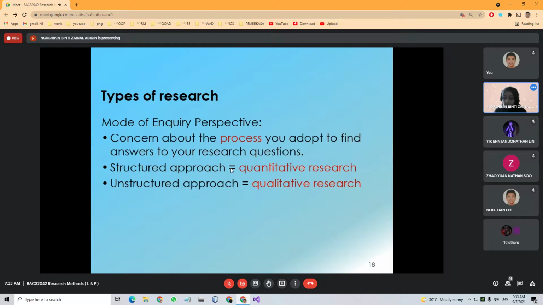I forgot. These two sound easy, but people tend to confuse them. Quantitative research usually includes numerical data or numerical input.